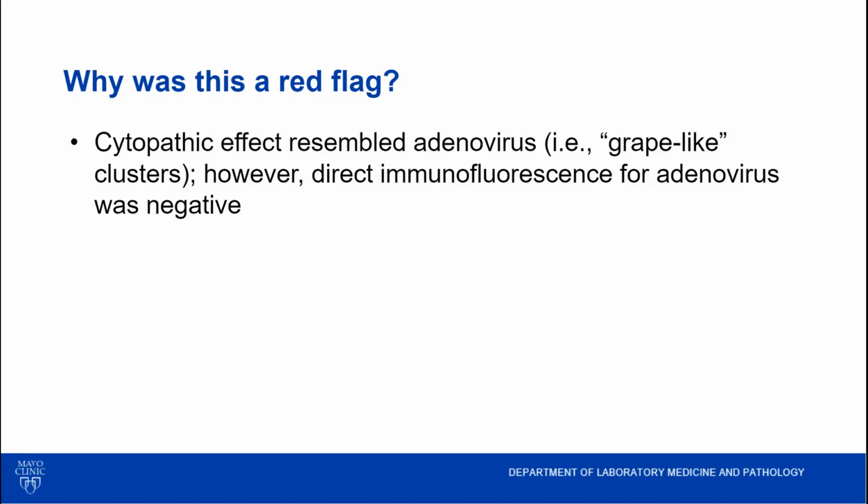So when we see adenovirus grow in eukaryotic cells, the cytopathic effect that occurs is often described as grape-like clusters. And so if you remember back to the prior two slides, you could see how there were areas that could be described as clusters of grapes. However, the laboratory thought of this, and they did a quick direct immunofluorescence test on the viral culture for adenovirus, and that was negative. So that really ruled out adenovirus as the cause of what we were seeing.